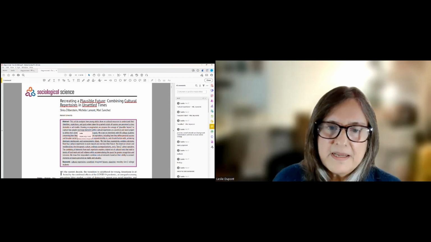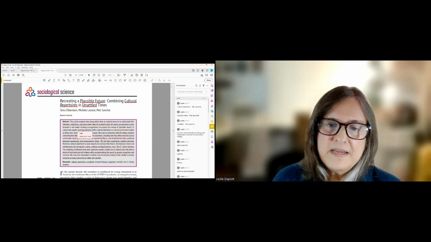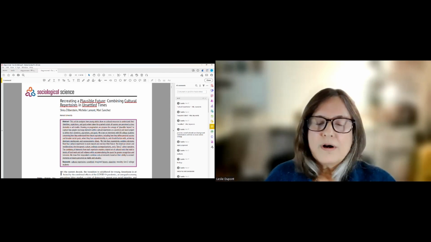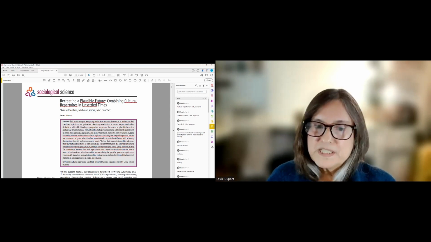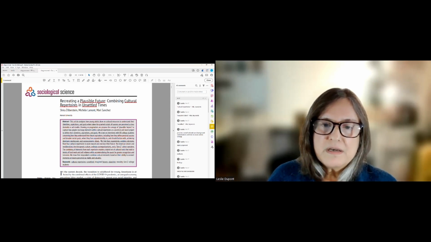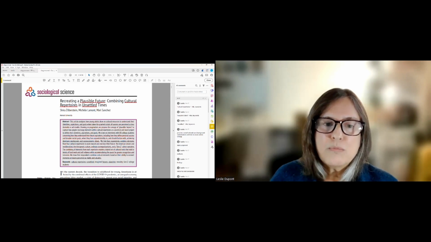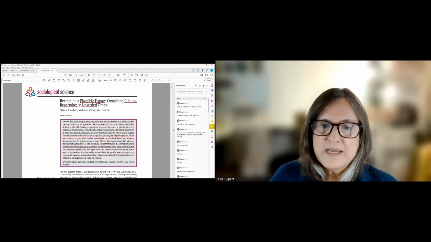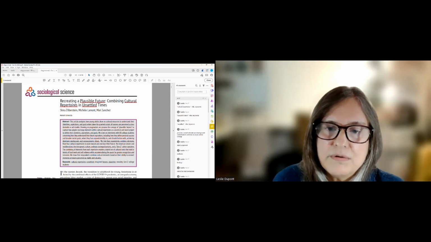Then I identified the next sentence as their statement of their argument, or they say their proposition. Drawing on pragmatism, we propose the concept of plausible futures to capture how people rearrange elements within cultural repertoires as practical and moral project to define their identities, aspirations, and goals.